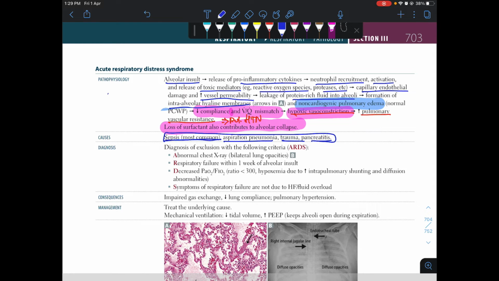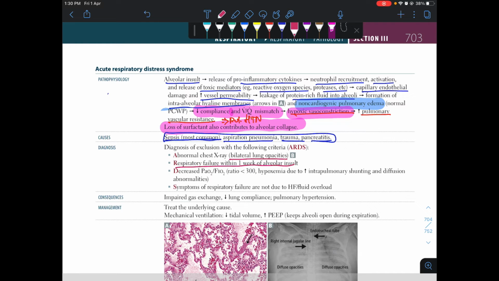And diagnosis include, here for diagnosis of ARDS, there should be abnormal chest x-rays, especially diffuse lung opacities bilaterally, and due to diffuse alveolar damage there will be bilateral lung opacities on chest x-ray. And the respiratory failure should occur within 1 week of alveolar insult.